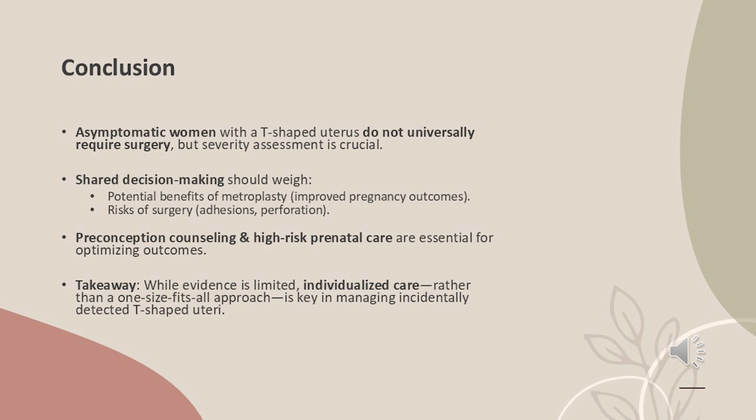Shared decision making should weigh the potential benefits of metroplasty with the risk of surgery. Preconceptional counseling and high risk prenatal care are essential for optimizing outcome. While evidence is limited, individualized care rather than a one size fits all approach is key in managing incidentally detected T-shaped uteri.